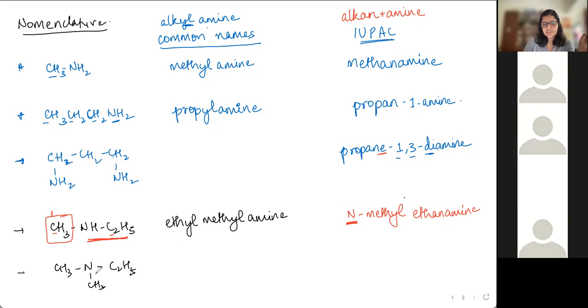So again, the longest chain is C2H5. So it's ethanamine. Then on the nitrogen, there are two methyl groups attached. So what would be the prefix? No. So how do you specify that there are two methyl groups, or two of anything?